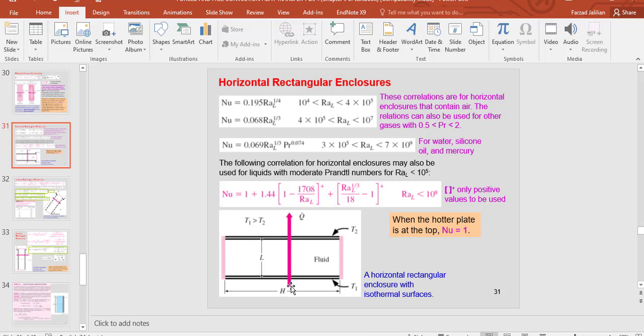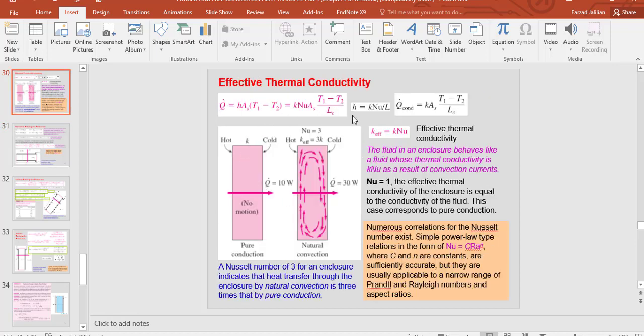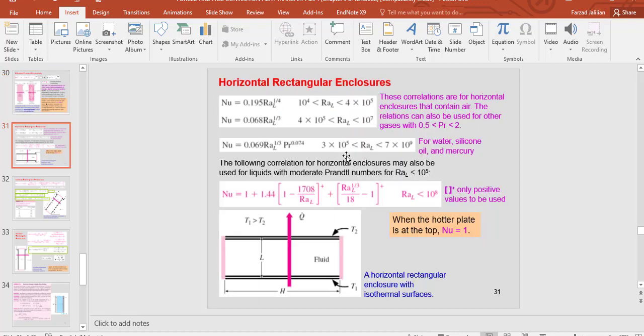So we have heat transfer from the bottom surface to the top surface, Q dot. Now we are interested in calculating this Q dot. As I told you, we can use this equation, but we need to know how much the Nusselt number is for that. How can we calculate the Nusselt number?